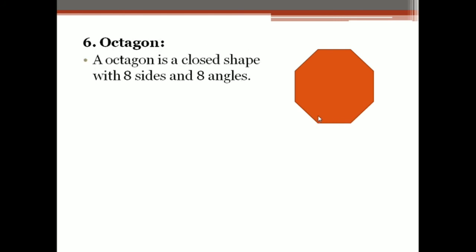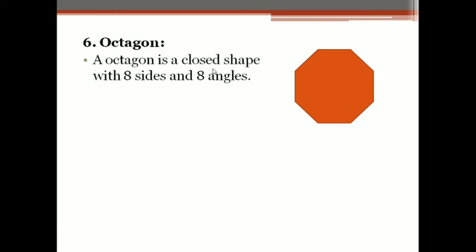There are 8 sides, right? Now let's count the angles: 1, 2, 3, 4, 5, 6, 7, and 8. So how many angles are there? 8 angles, right?